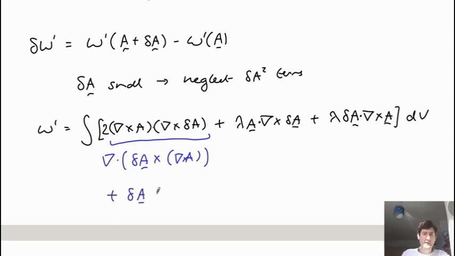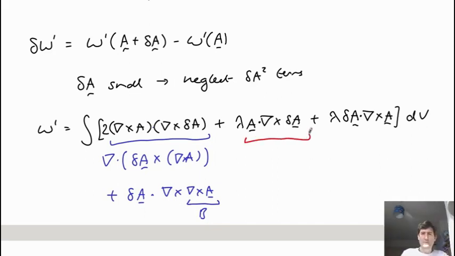So delta A dotted with curl of A, and this bit is just B. So you end up with a curl of B in there.